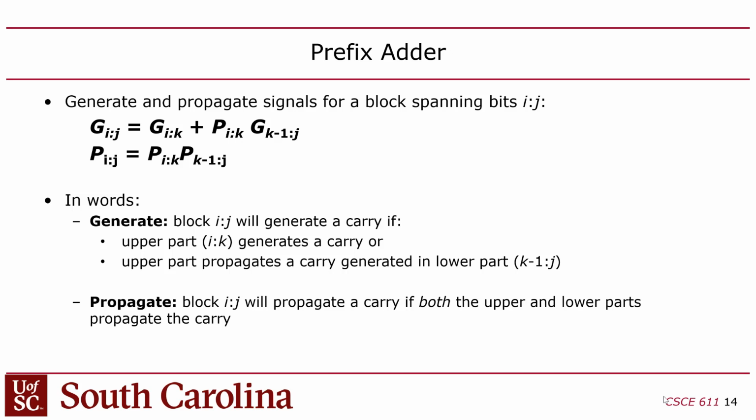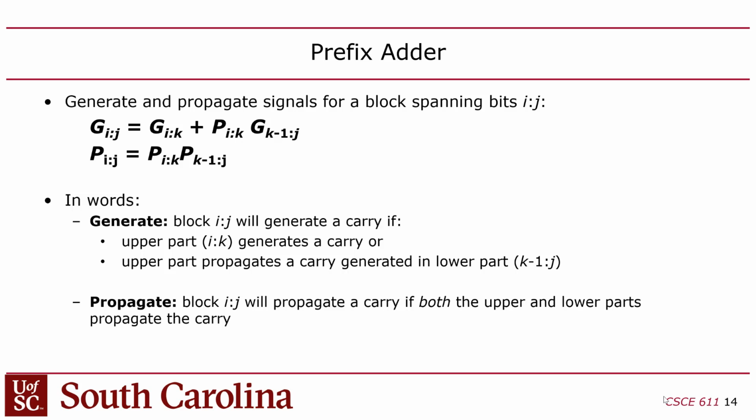But k is the least significant part of the generate group. And k minus 1 is the most significant part of the propagate group. You guys with me? So generate, and propagate as well. Yeah, so it's always two. So you take a group of bits, split them into 2 groups.